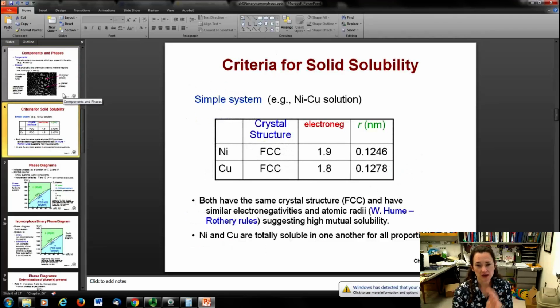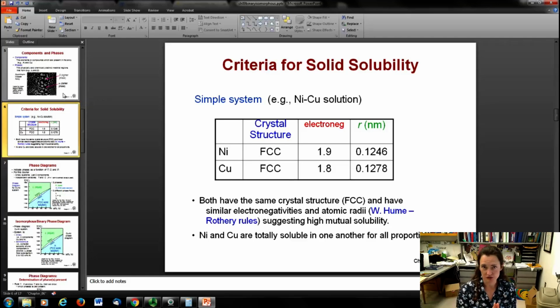All right, but before we embark on the really super fun phase diagrams that you can get into in material science, let's start off with the simplest system possible so you can get used to looking at them, and so you can learn how to do some of the techniques for analysis. So the simplest thing that you can do in material science is to have a system with two components, like nickel and copper, that are completely soluble in one another.